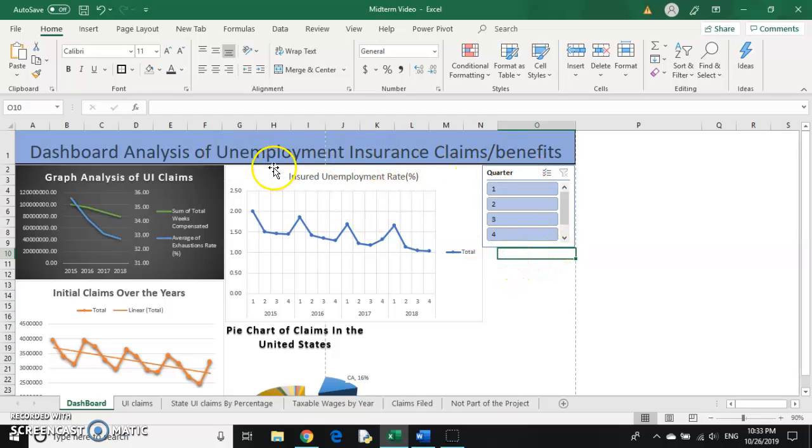The reason that I picked this topic is because I once worked as an unemployment insurance coordinator for a home health aide company called American Business Institute. From my working experience, I understand that a lot of people are losing jobs or changing jobs every single day.